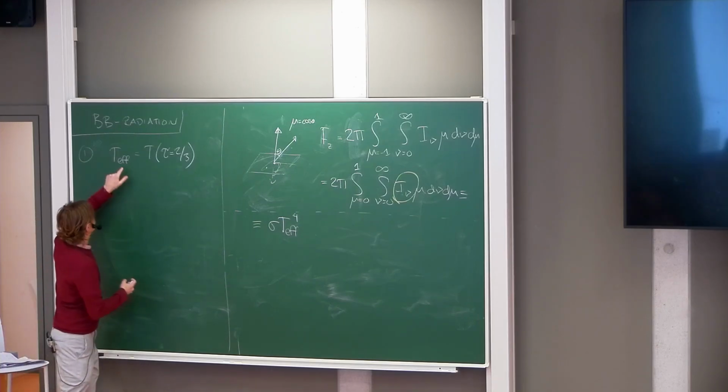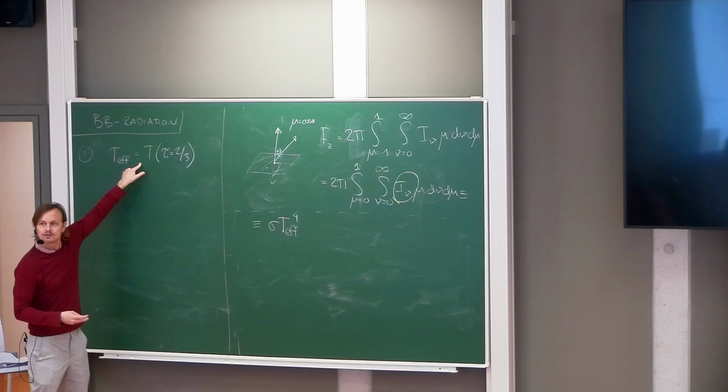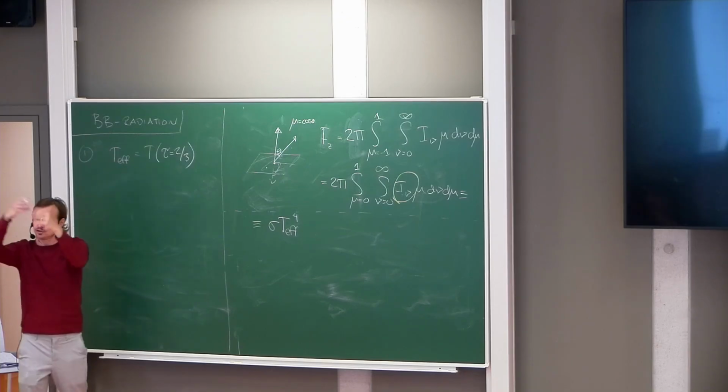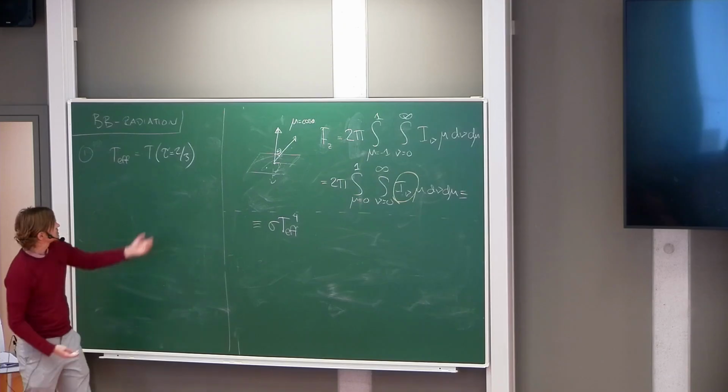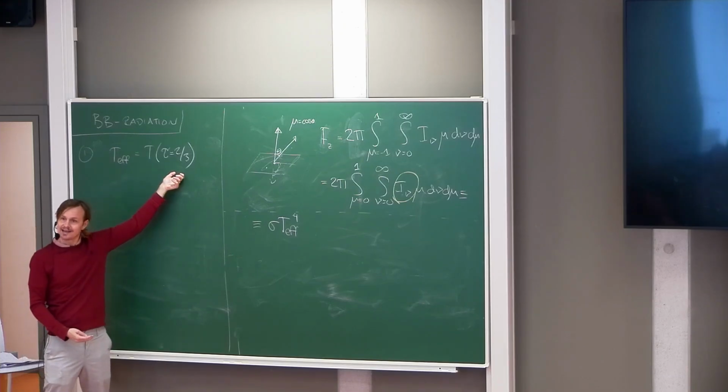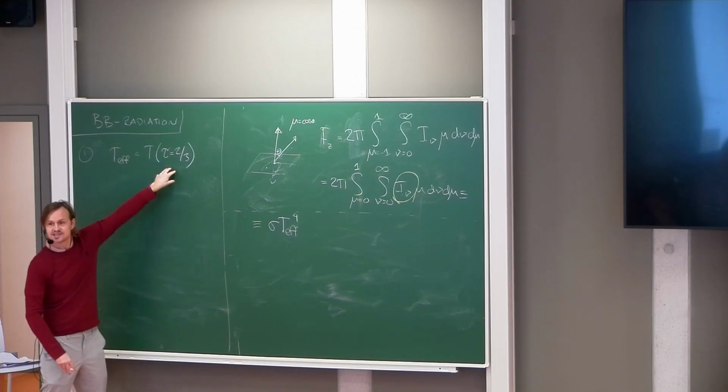And this is why, in a star, for example, the effective temperature is related to the actual surface temperature of the star, because from these layers the light is emitted, vanishing to outer space, and we're seeing those. Okay?